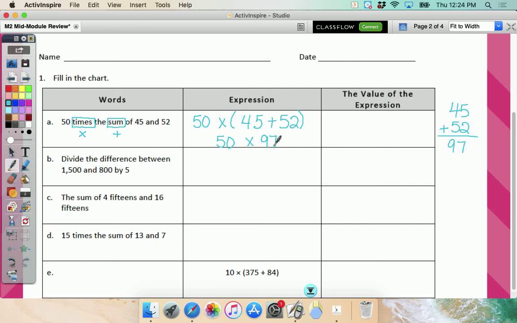Now there's a little trick for multiplying times 50. Does anybody remember what it is? Just take off the 0. Now if you take off the 0, you have to remember to put it back on. Okay? So we're just going to do 97 times 5, aren't we? So figure out what that is.